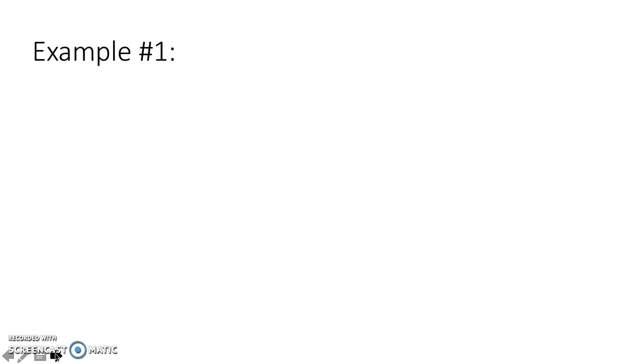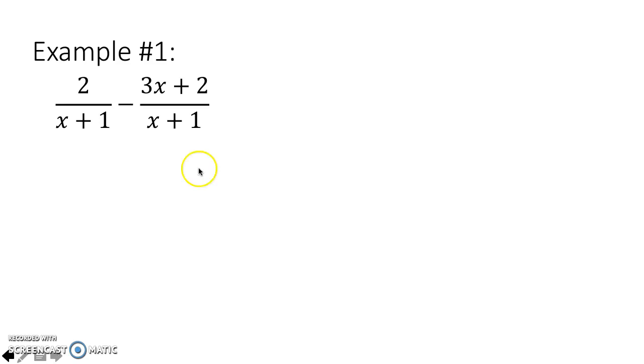So for example number 1, we have 2 over x plus 1 minus 3x plus 2 all over x plus 1. For this example, we are going to put these two rational expressions in a single rational expression. So the common denominator, which is x plus 1, would be the denominator of the single rational expression.